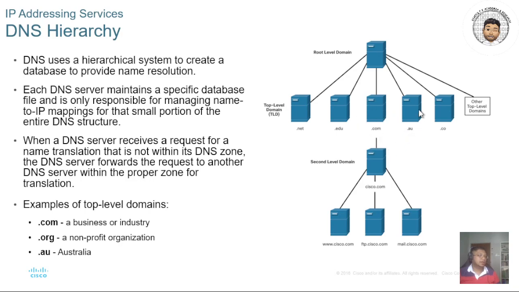Then you have the second level domain, which is at the front, and which means which server is based on the DNS. For example, for the email server for cisco.com, it is mail.cisco.com. For FTP, ftp.cisco.com. The World Wide Web will be www.cisco.com.